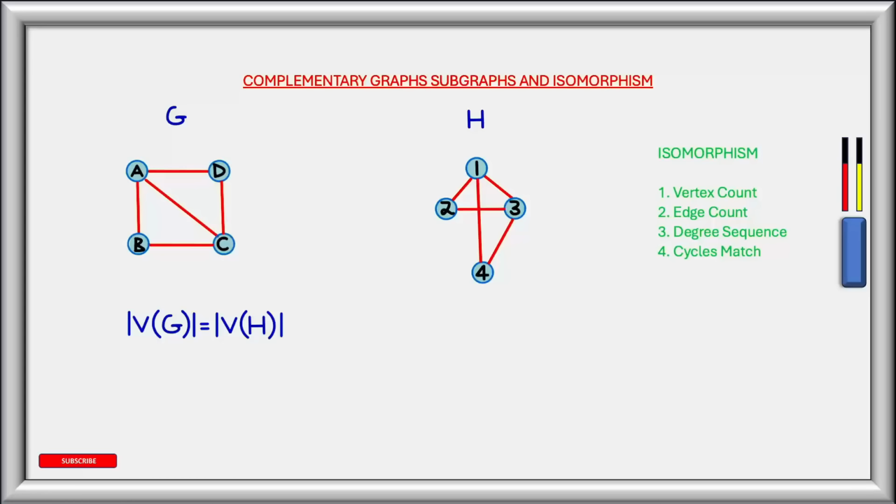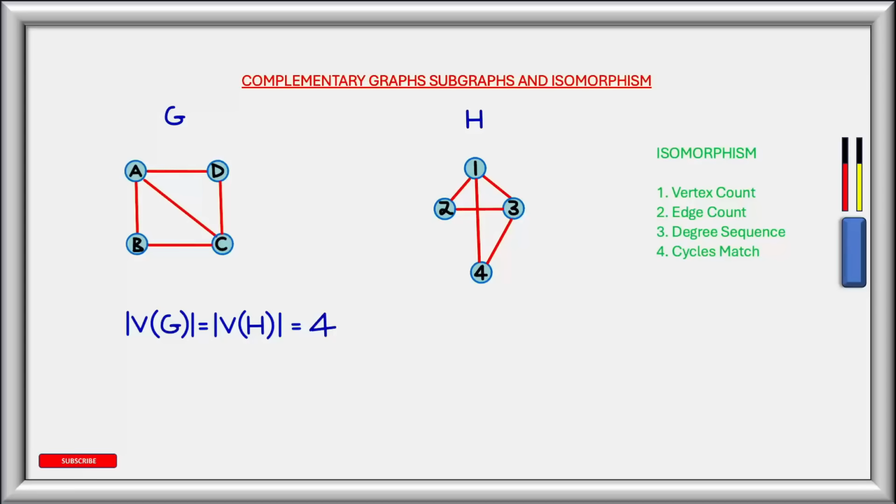So in the first test, we need to show that the number of vertices in graph G is the same as the number of vertices in graph H. So in graph G, we have vertices A, B, C, and D. That's 4. And in graph H, we have vertices 1, 2, 3, and 4. Therefore, the number of vertices matches in both graphs, so it passes this test.